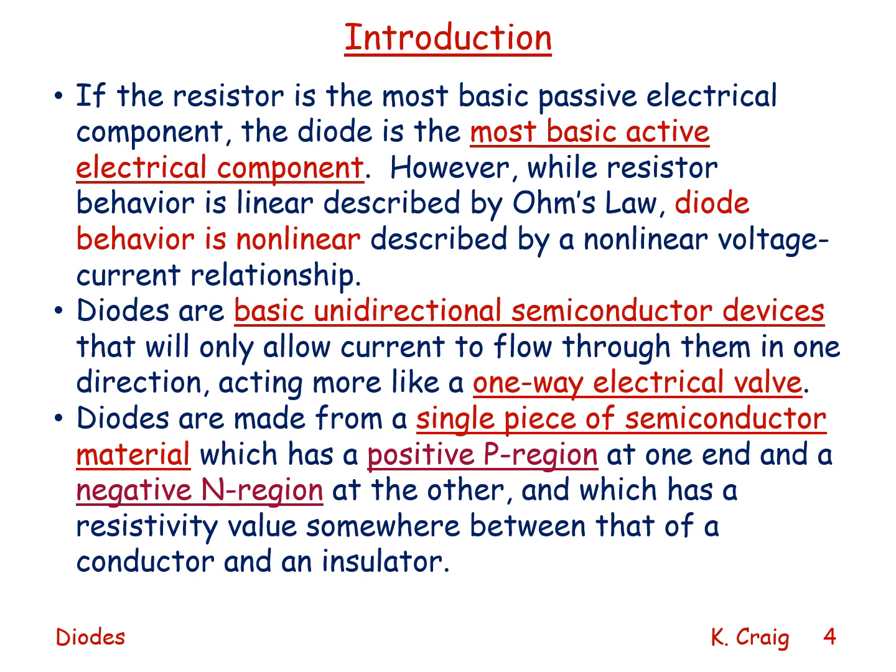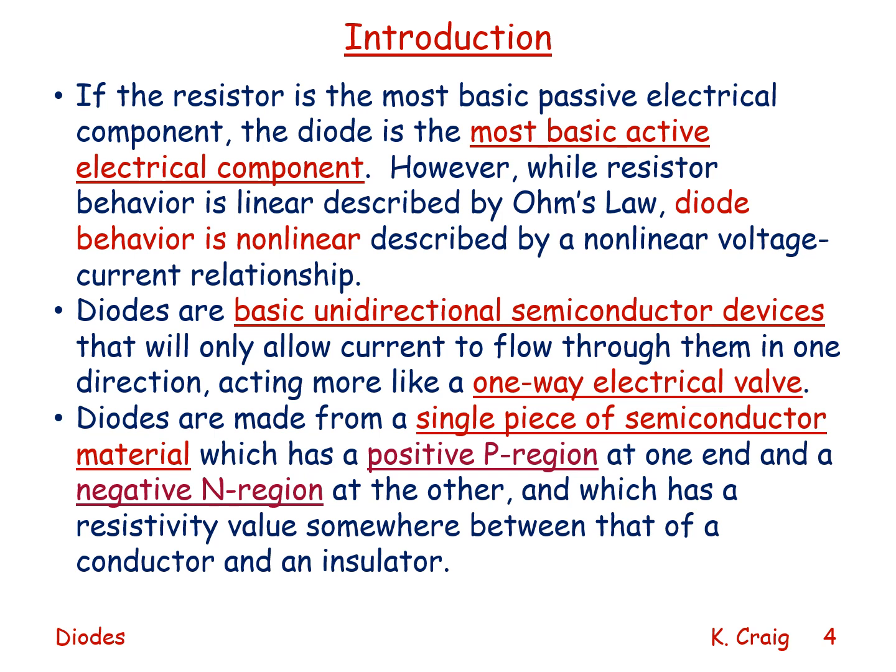An introduction to diodes. If the resistor is the most basic passive electrical component, the diode is the most basic active electrical component. However, while resistor behavior is linear, described by Ohm's law, diode behavior is nonlinear, described by a nonlinear voltage-current relationship.